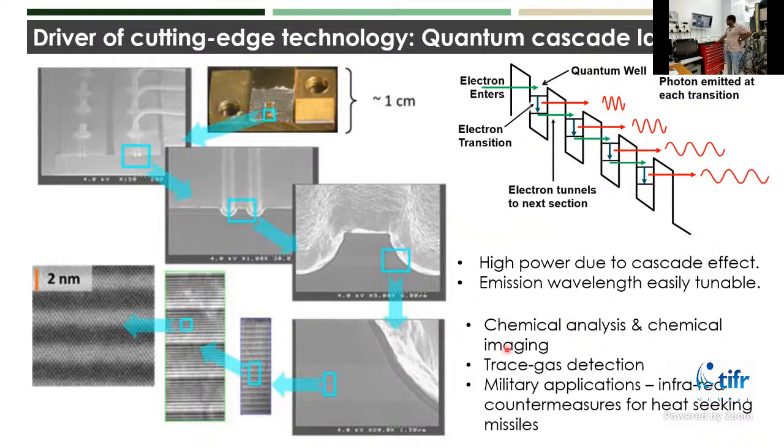For example, chemical imaging, remote sensing, and also many military applications. For example, they are used to confound heat-seeking missiles. Heat-seeking missiles generally track the source of heat, so they track some IR radiation. Now, if you have these sorts of lasers, you can create alternate sources from these lasers so as to confound your missile so that it misses your target.